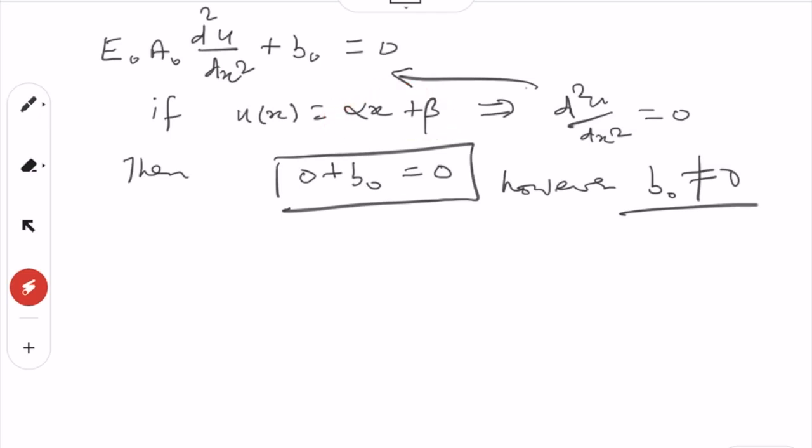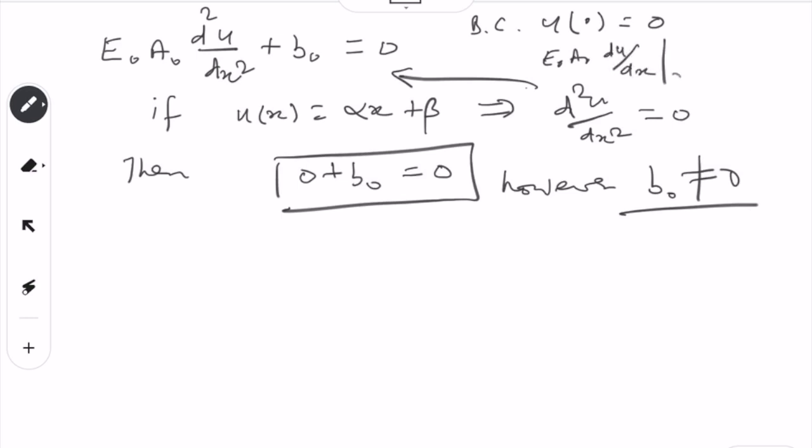You can also think of it another way: you have one equation and typically two boundary conditions. You have u(0) equal to 0, and also E naught A naught du over dx at x equal to L equal to 0.